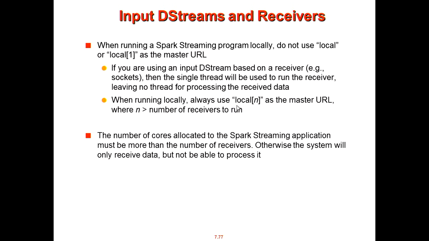When running locally, you always use local[n] as a master URL, where n depends on the number of receivers to run, because maybe you have multiple data sources. If you have 2 sources, then you need to set local to at least 3, because 2 must be used to receive the data sources and 1 for processing the data, otherwise you will have no results.